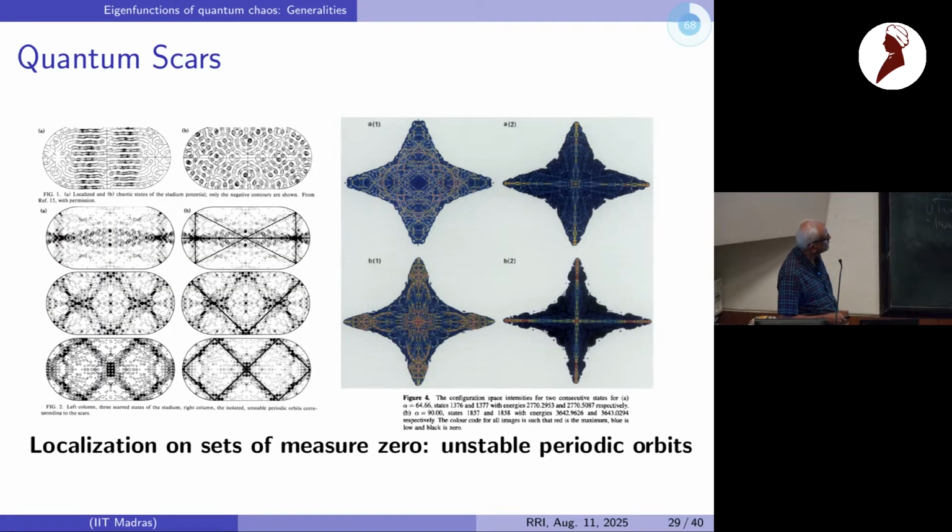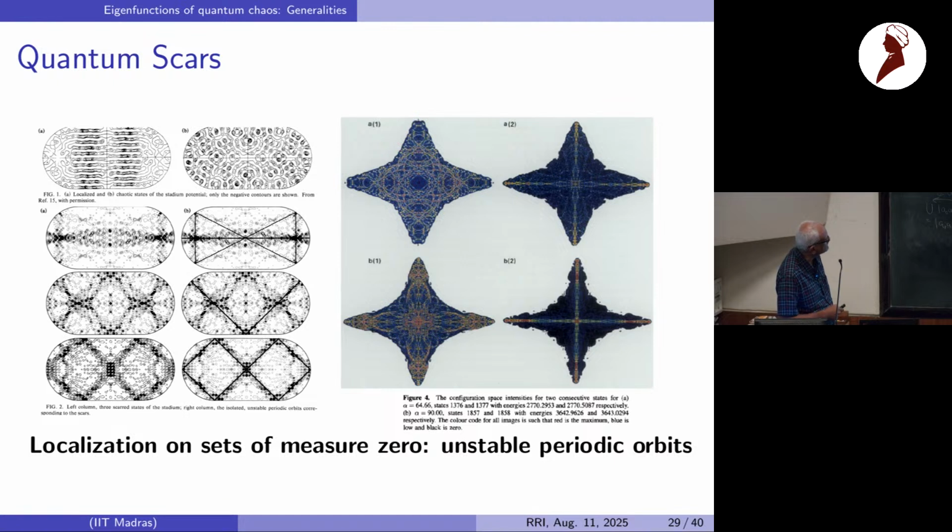Okay, now is that the whole story? So this is what was thought till about the early 80s. So this is like the stadium billiard. People thought that most of the eigenfunctions were like this, delocalized all over, maybe in some random superpositions of waves. They recognized that there were different kinds of states here.